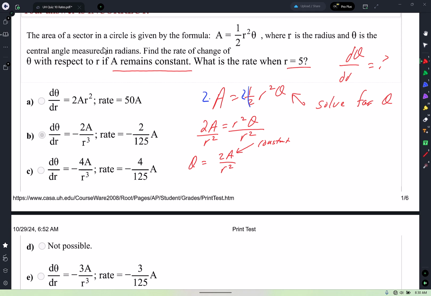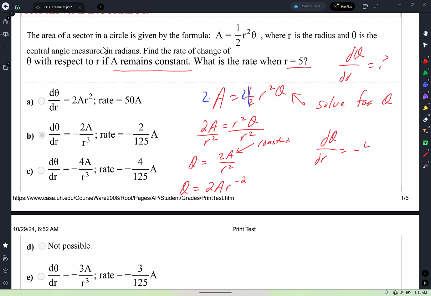Because A is a constant, I'm going to bring r squared up. So I'm going to write theta equals 2A r to the negative 2. And I'm cooking today. All right. What you're going to do now, I'm just going to take the derivative with respect to r. So I'm going to go d theta/dr equals 2 times negative 2.